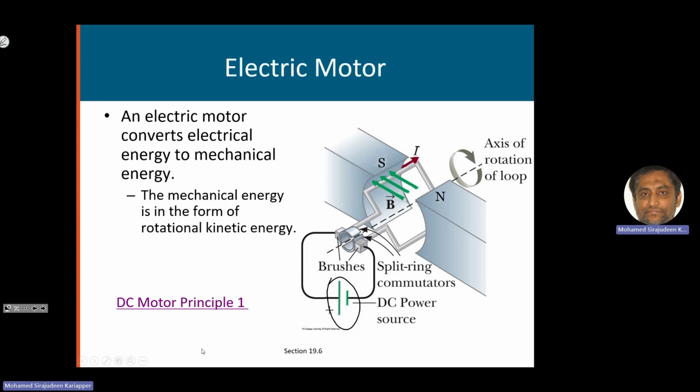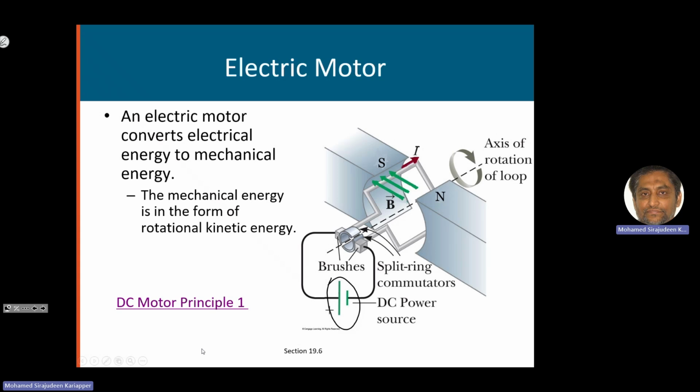You see, the torque will be in the opposite direction. It will start rotating, it will try to get in the other direction, and then it will end up stopping at the vertical position. If you keep it like this, it will have a torque. From your perspective, it is clockwise.